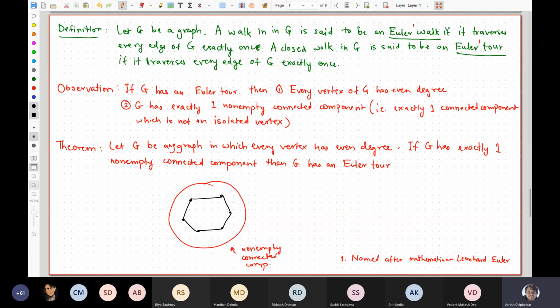Why? Because every vertex which is on the cycle is losing 2 edges, and every vertex which is not on the cycle is retaining all of its edges. So every vertex is still going to have even degree, and the only issue is that by removing this cycle, the graph could actually get disconnected into several parts. That is a possibility.